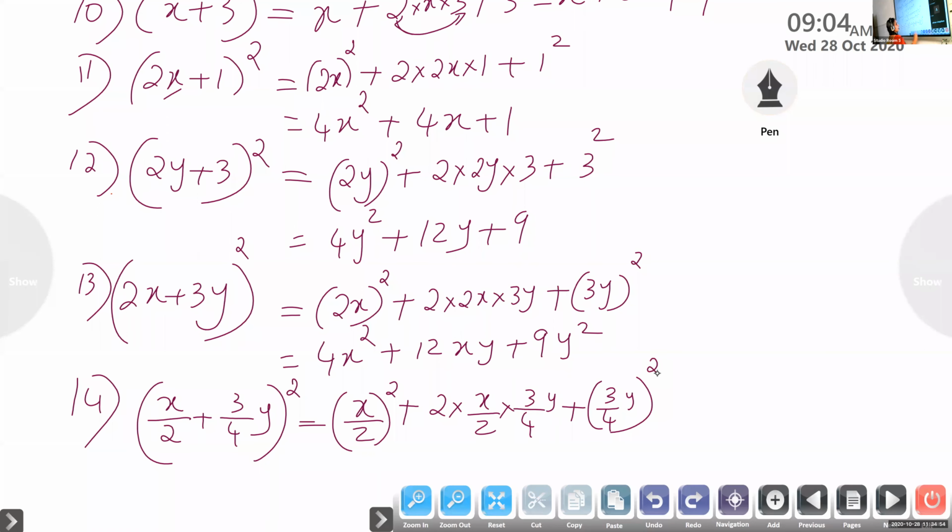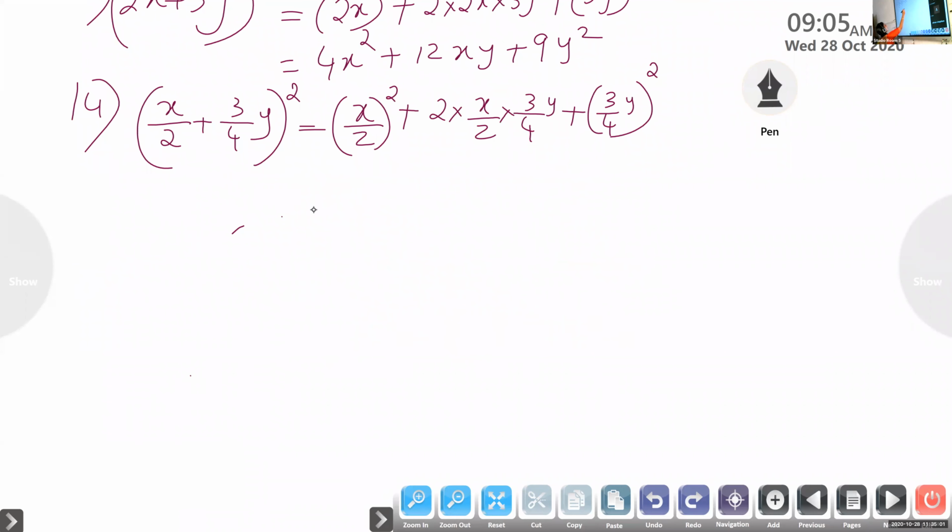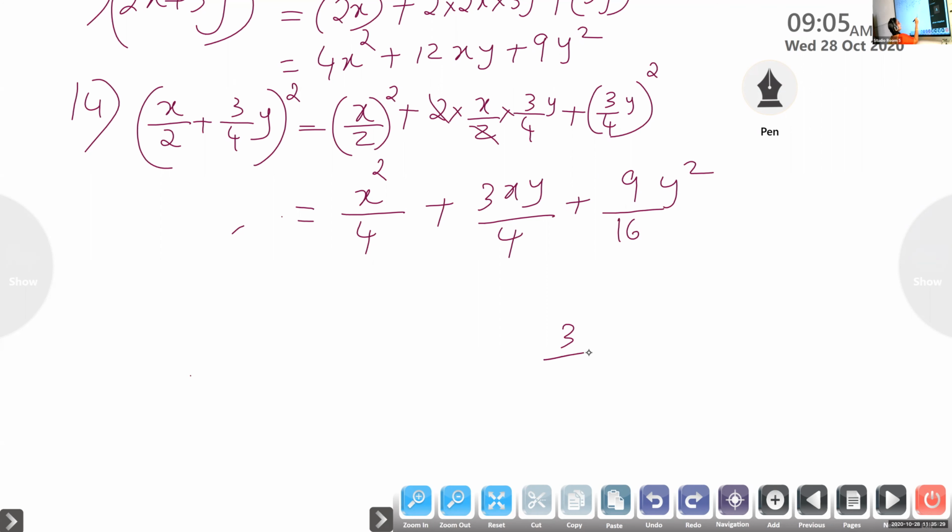So x by 2 the whole square is x square by 4 plus, 2 gets cancelled, remaining 3xy by 4, plus 3 square is 9, 4 square is 16, and y square. So 9 by 16 y square.